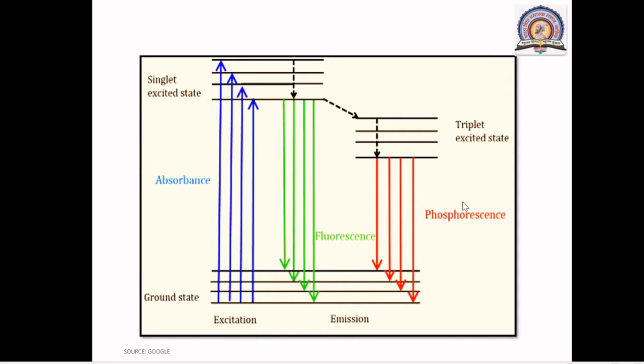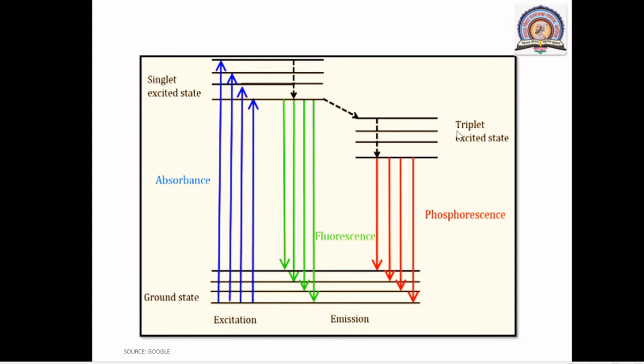While in the case of phosphorescence, we can simply say that the molecule in the excited triplet state T1 returns to the ground state S0 by emission of radiation, but this process is spectroscopically forbidden and it takes place in about 10⁻³ seconds. The fluorescence process is much faster than the phosphorescence process.